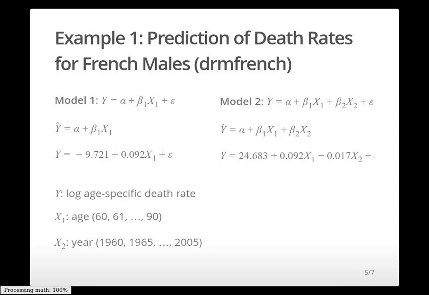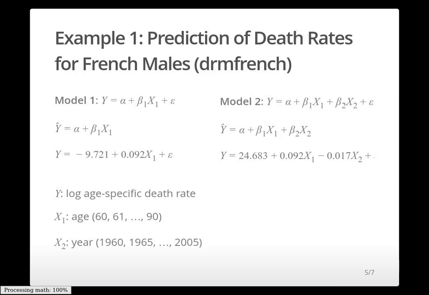Let's talk about accuracy, with an example showing how an additional independent variable helps to improve the accuracy of prediction using linear regression. In this example, we want to predict age-specific death rates for French males from age at death and year of death, using the data that we used for the software examples in the last session.